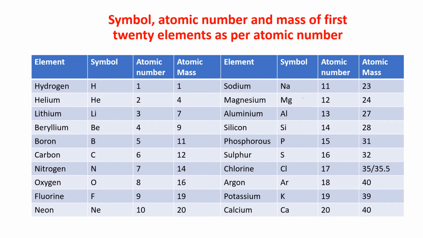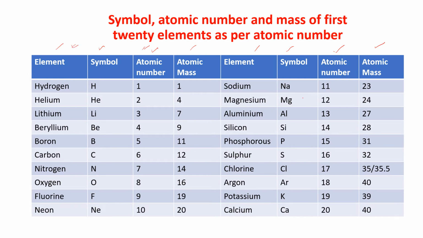Now here you can see 4 columns are given. First is element, second is symbol, third is atomic number and fourth is atomic mass. Now again this is element, symbol, atomic number and atomic mass. The first 20 elements are given starting from hydrogen 1, helium 2, see the third column and the first column.